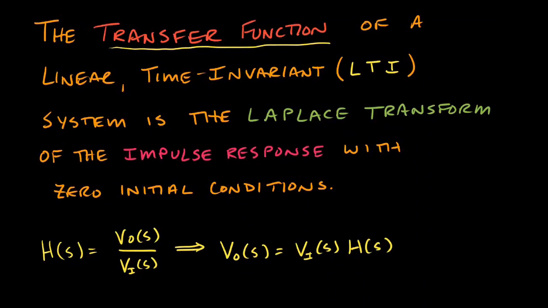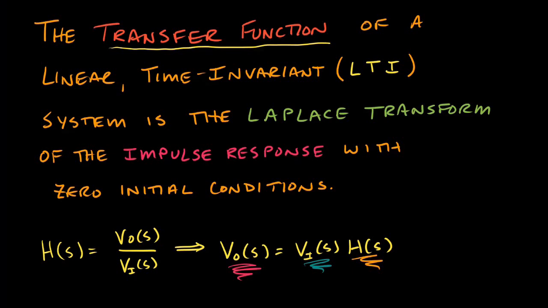So if we know the transfer function for our system, and we know the input, and we can compute its Laplace transform, and we multiply those two things together, then all we have to do is compute the inverse Laplace transform of the resulting expression to get the time domain response of the system to any input. Okay, that's an extremely powerful thing that we can do.